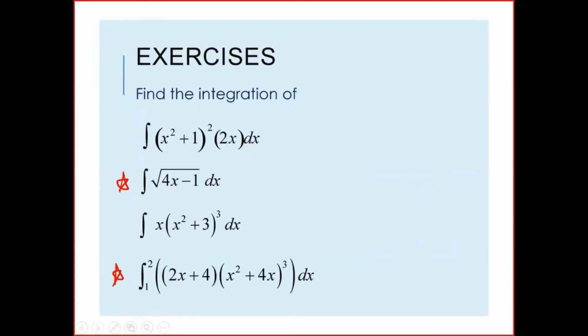So students, please try these two methods. I'm going to provide the answer here. So in case you do not know how to continue, you can have a look, and after that, you continue again.